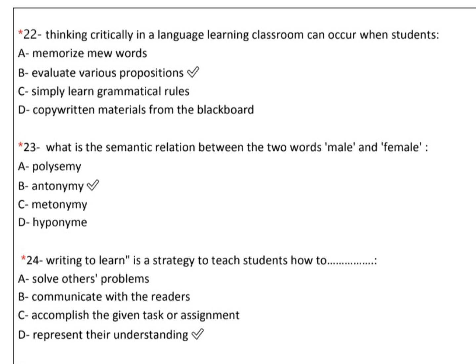B. Measure. C. Judge. 22. Thinking critically in a language learning classroom can occur when students: A. Memorize new words. B. Evaluate various propositions. C. Simply learn grammatical rules. D. Copy written materials from the blackboard.